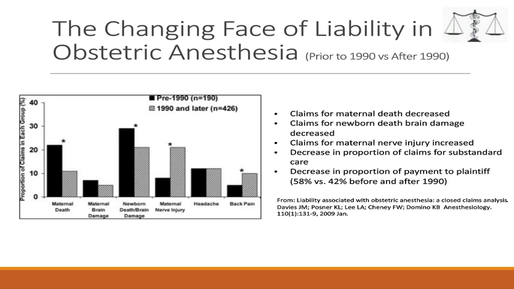The claims for newborn death and brain injury decreased. There was a decrease in the proportion of claims for substandard care, and a decrease in the proportion of payments to the plaintiff, 42% versus 58%. The one thing that increased were claims for maternal nerve injury, and there's a good explanation for that.